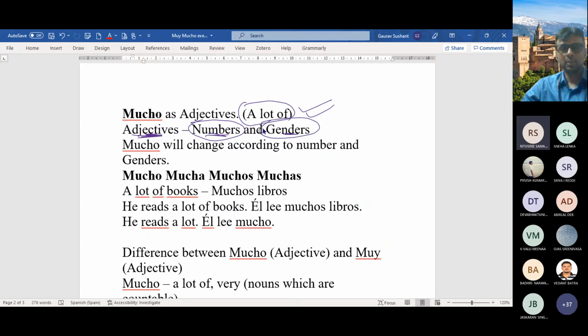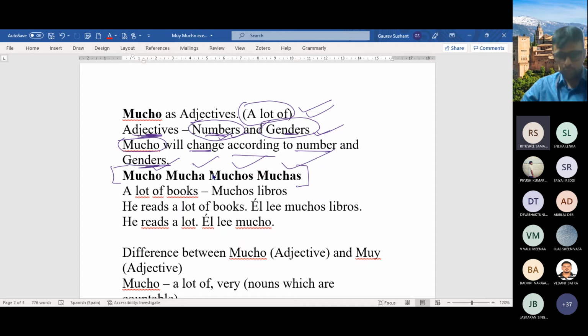So the word mucho as an adjective will have numbers and genders, which means it will change according to number and gender. So what are the forms of mucho then? If we are using it as an adjective, mucho, mucha, muchos, and muchas, only these four forms will come.